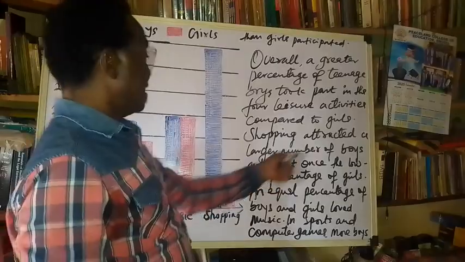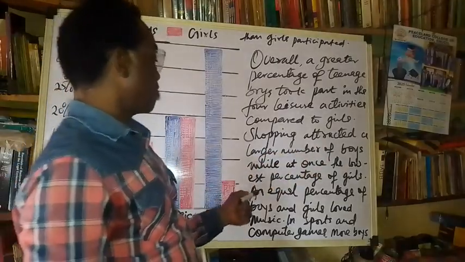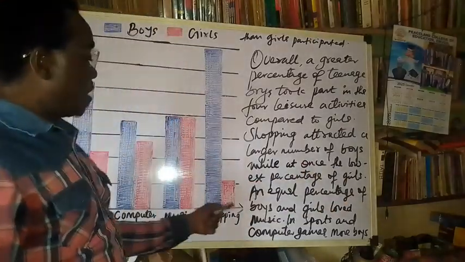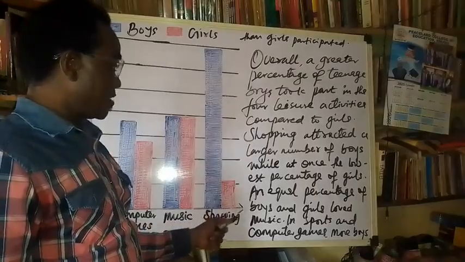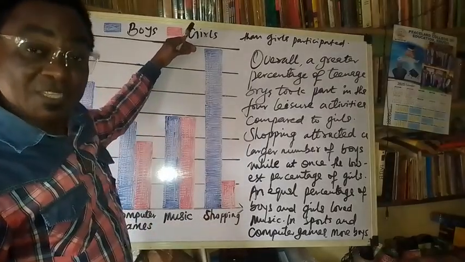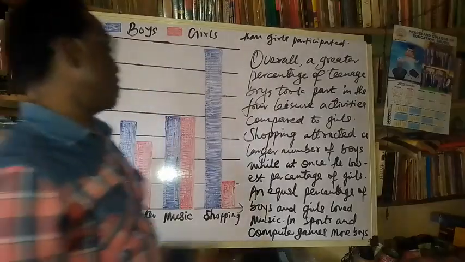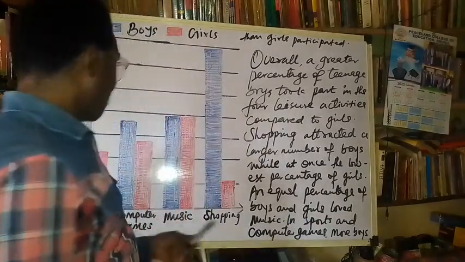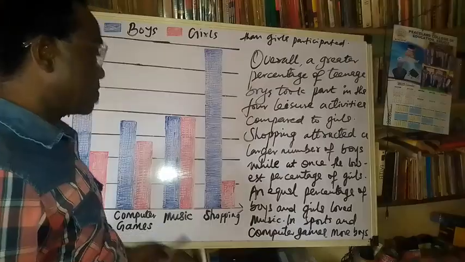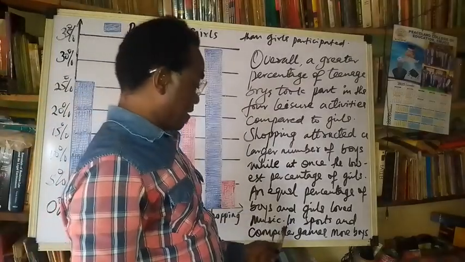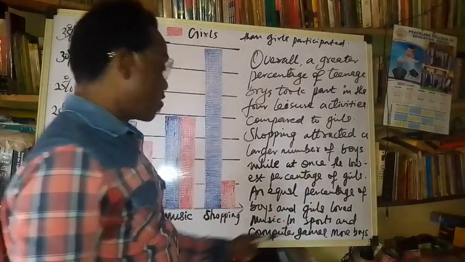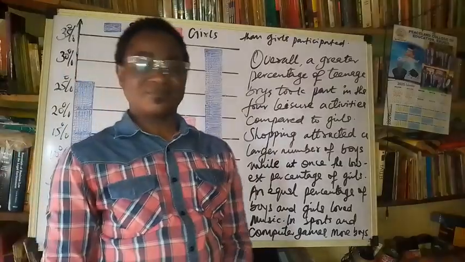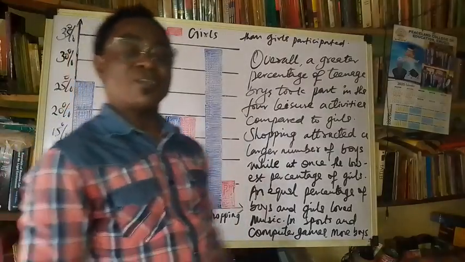Shopping attracted a larger number of boys, while at once the lowest percentage of girls, because the lowest percentage of girls took part in shopping, while the largest percentage of boys also took part in shopping. An equal percentage of boys and girls loved music. We can see that here. In sports and computer games, more boys than girls participated. So that is the overview.